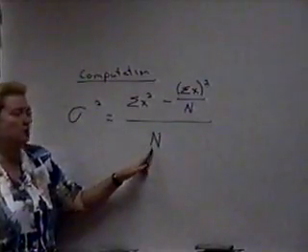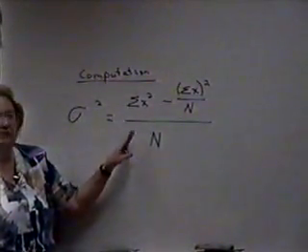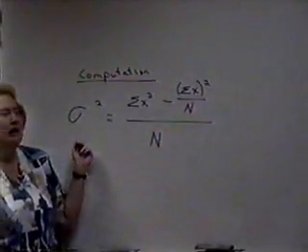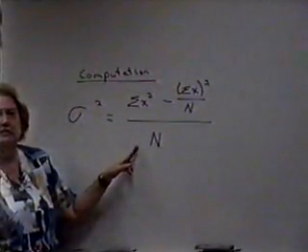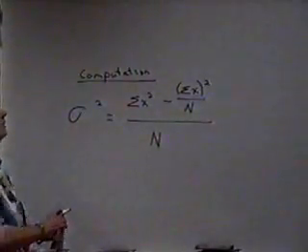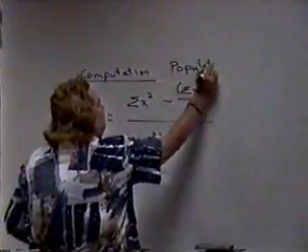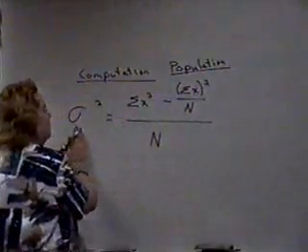Remember, n is the total number of values, just like it was in the mean. How many numbers did you have listed? That's what n is. And we use a capital N because this is a population. This is all of the numbers. Again, this formula right here is for a population because we call it sigma.